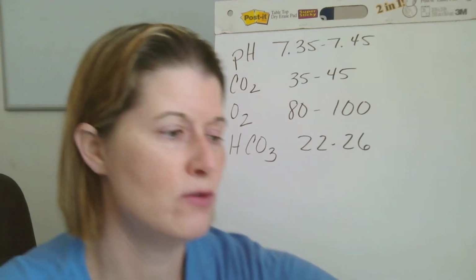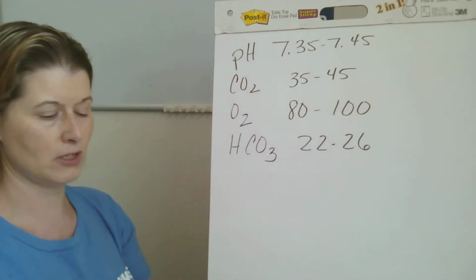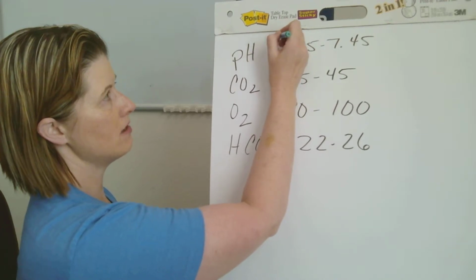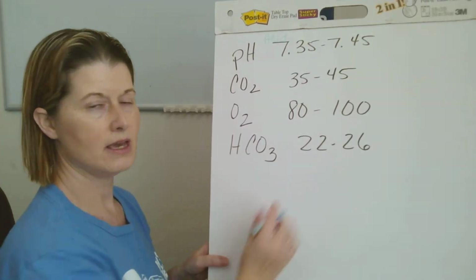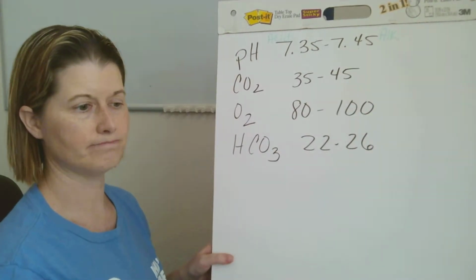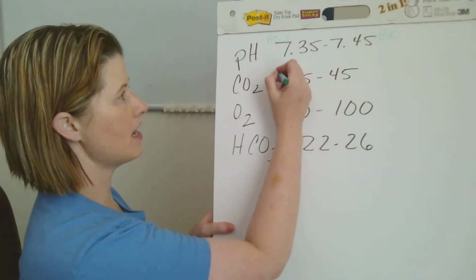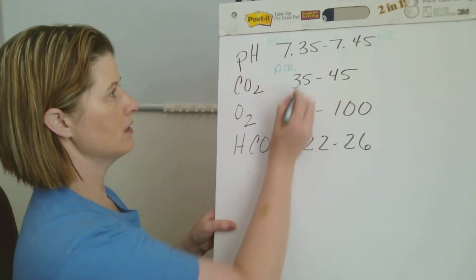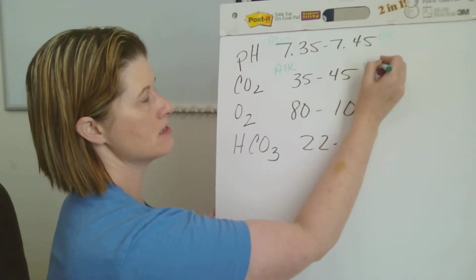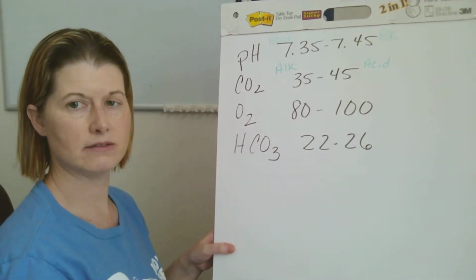So as a review for that, I'm going to do a different color, all right? So this side of the pH is acid, and this side is alkaline. This side of CO2 is alkaline, and this side is acid.